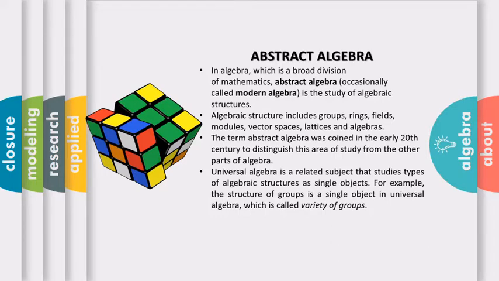And then what is the use of this? There is an algebra called universal algebra, and universal algebra is a related subject that studies types of algebraic structures as a single object. For example, the structure of groups is a single object in universal algebra, which is called the variety of groups. Just take the example of that figure.